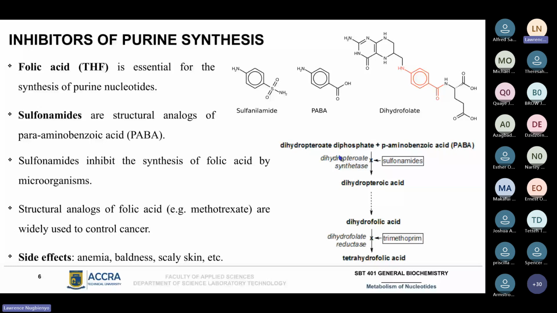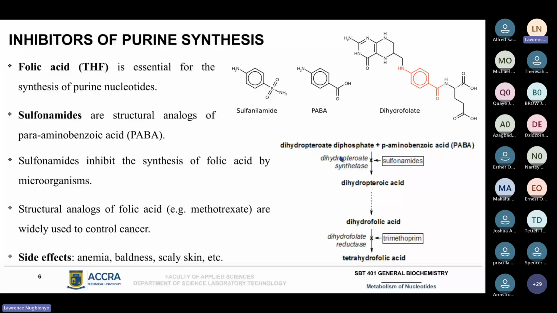And so there will not be the formation of tetrahydrofolates for the bacteria. And that eventually will result in the death of the bacteria. First, it will result in inhibition of growth and proliferation of the bacterial cells. So they are not going to grow further. They are not going to multiply further. And then eventually, the bacteria dies as well.